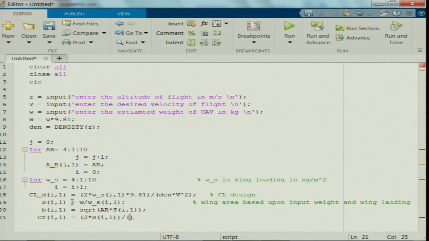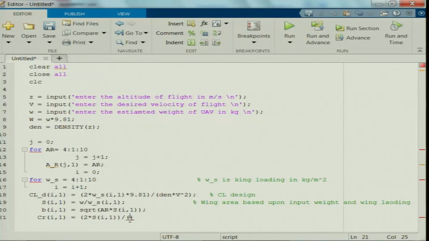Here, if you see, neither the span nor the area is affected by this taper ratio, right, is not it. So, that is why it majorly plays between root chord and tip chord, and that is how I prefer using it. So, the CR here is 2S upon B times B of I, again a variable here, B of I comma j.